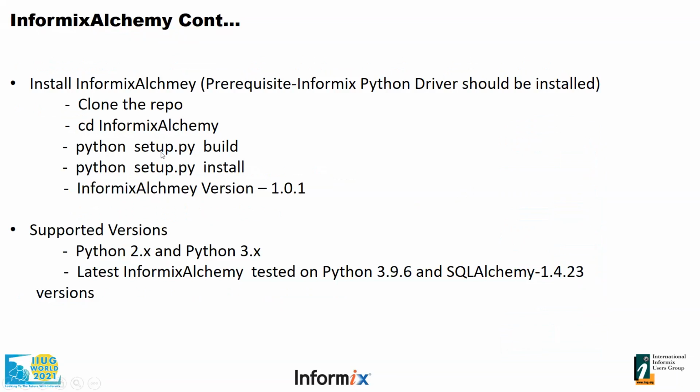Using the setup.py script, you can build and install InformixAlchemy on your local machine. The InformixAlchemy version is 1.0.1, and we provide support for both Python 2.x and 3.x versions. The latest InformixAlchemy is tested on Python 3.9.6 with SQL Alchemy version 1.4.23.